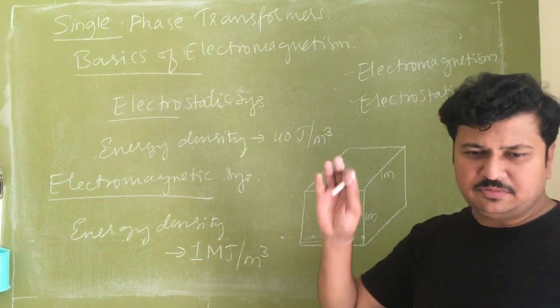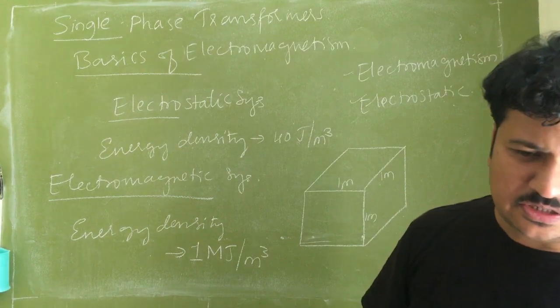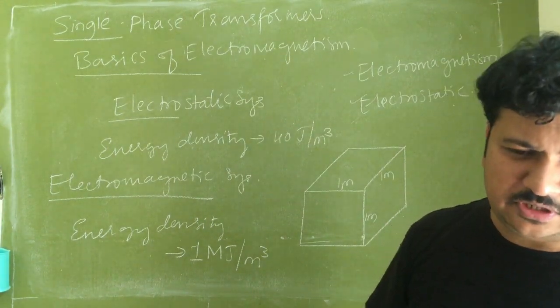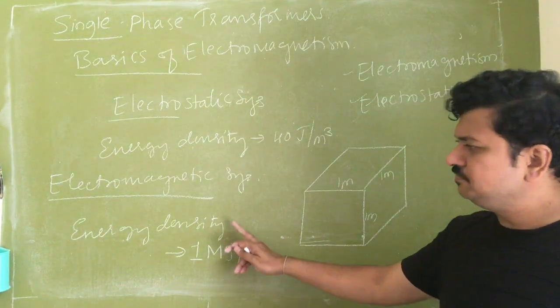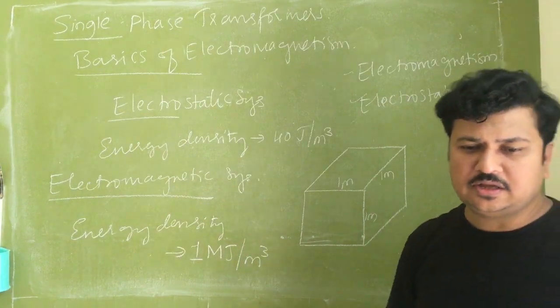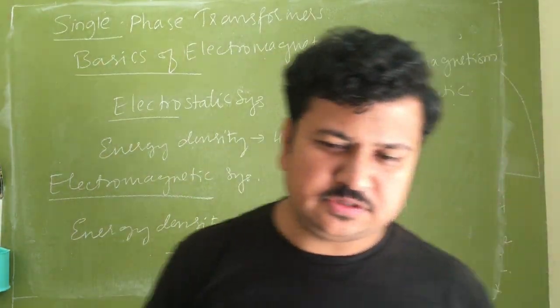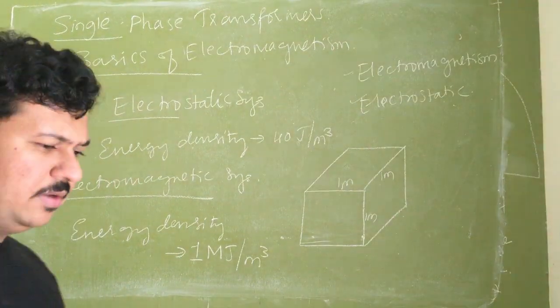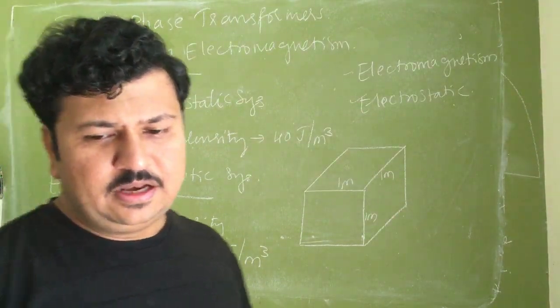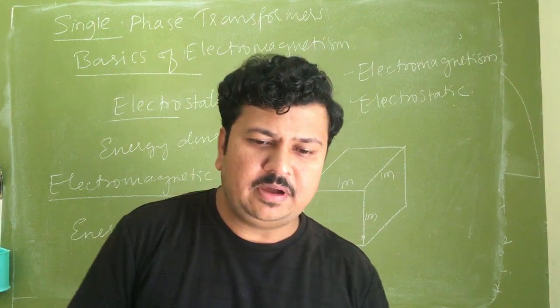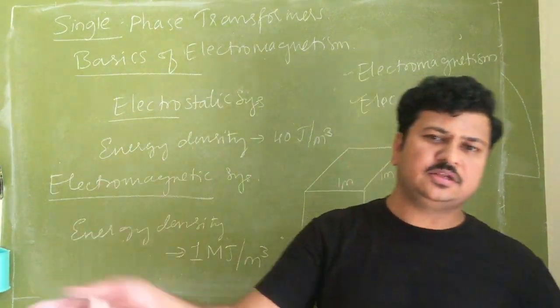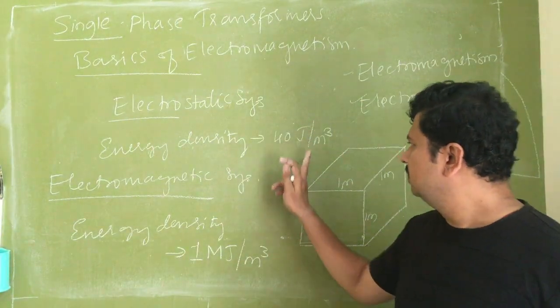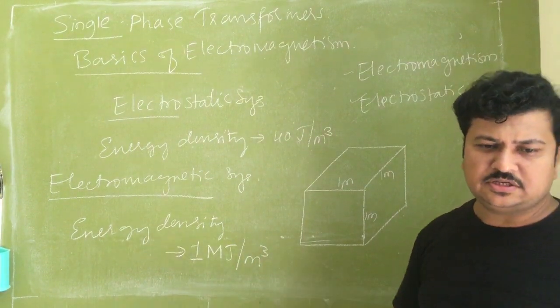Therefore, every machine we observe in electrical science, or electrical machine in general, is always electromagnetic. We don't go for electrostatic machines because the energy density is very low. It means that to obtain the same output as that of an electromagnetic system, the volume of the machine will be very large. Simple.